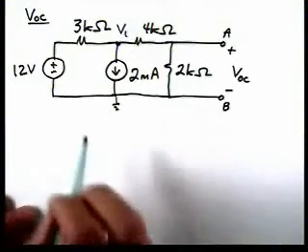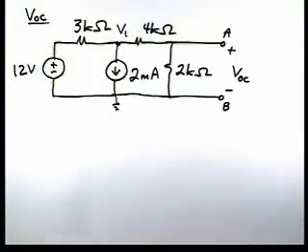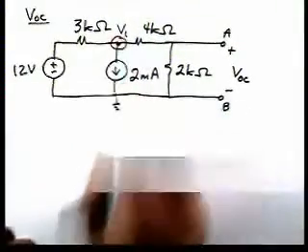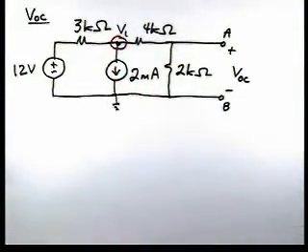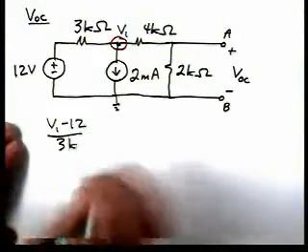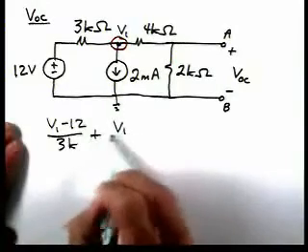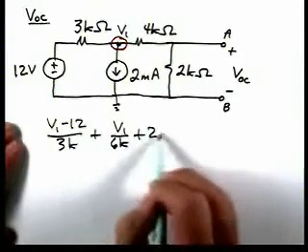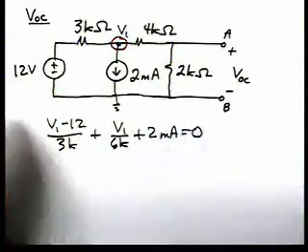So if we apply Kirchhoff's current law at this node, we'll have V1 minus 12 over 3K plus V1 over 6K plus 2 milliamps equal to 0.